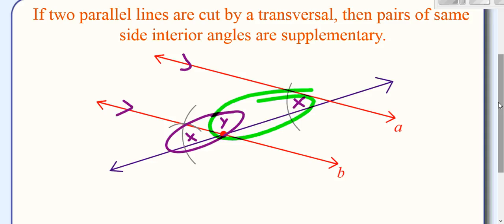So, same side interior angles are supplementary. Now, easy way to remember is that's a whole lot of S's. Same side, supplementary. All those S's go together. Very rarely are we going to have that many S's. Same side, supplementary.